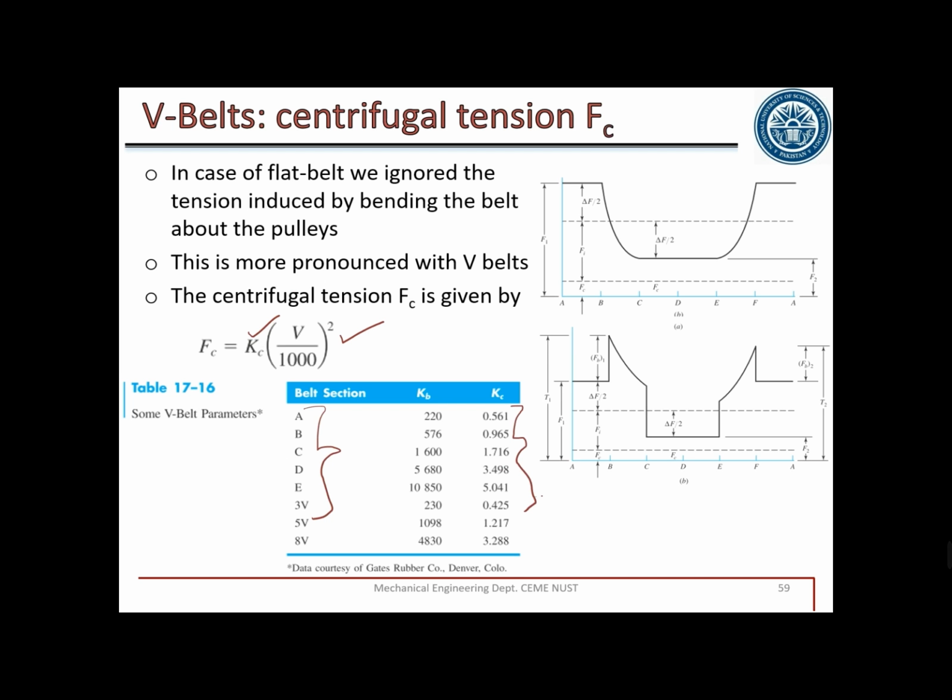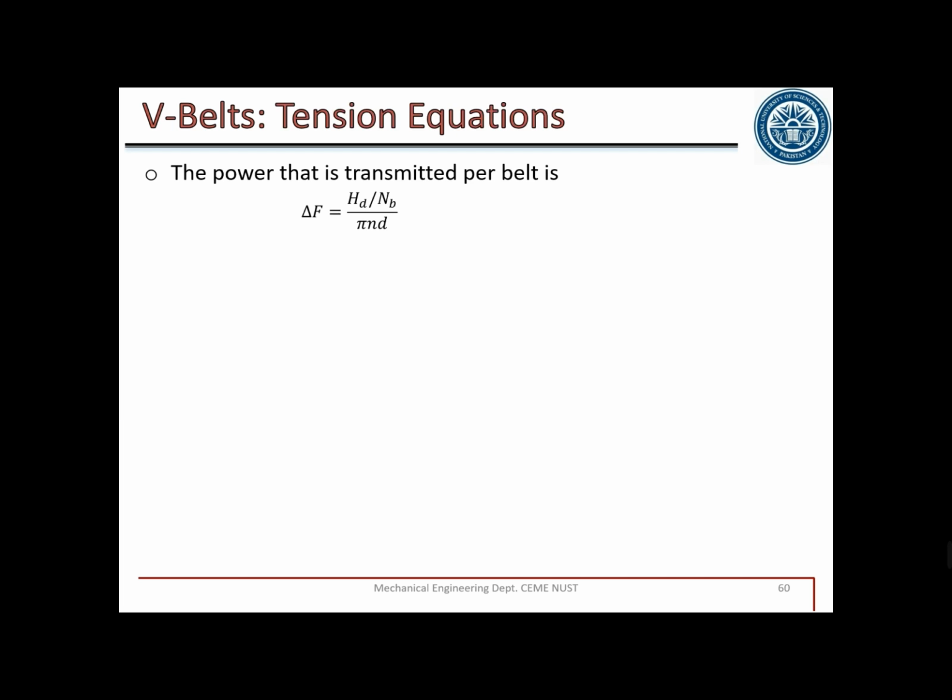This gives the velocity, and substituting velocity gives you the centrifugal force in the belt. Once you have centrifugal force, you can calculate power transmitted in the belt. That is exactly the same as we used in case of flat belt.